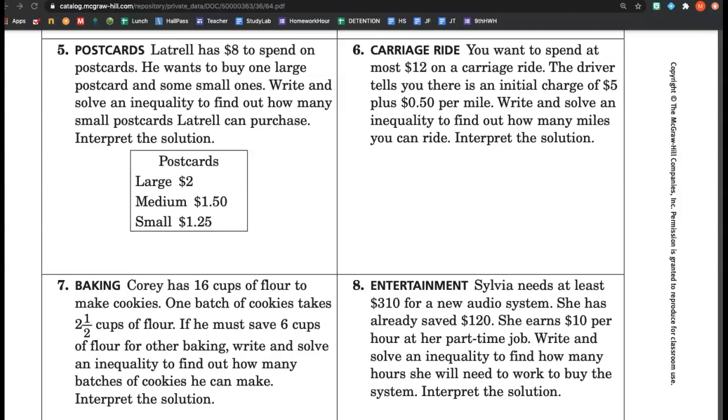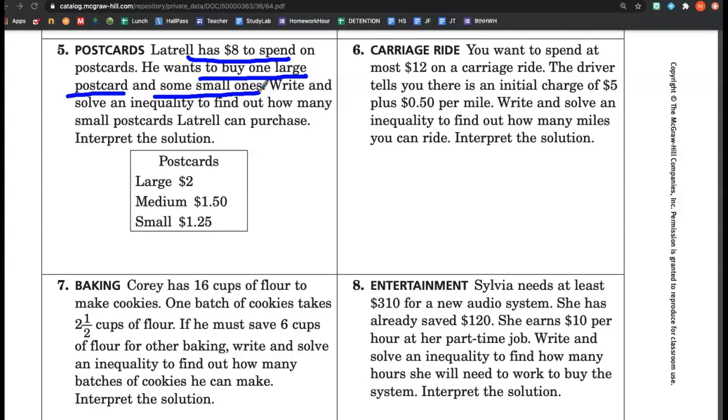So Latrell has $8 to spend on postcards. He wants to buy one large postcard and some small ones. Write and solve an inequality to find out how many small postcards Latrell can purchase. Interpret the solution. So he has $8 to spend. He wants to buy one large postcard and some small ones.